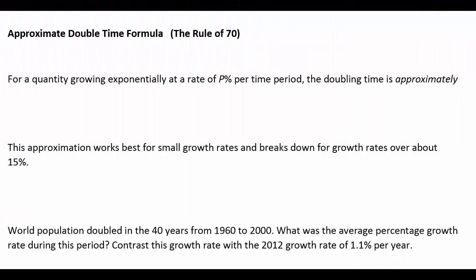Okay, so we're going to talk about this double time idea, and we affectionately call this the rule of 70. For approximately growing exponential rates at some percent p, the doubling time, the time it takes to double something, is given by 70 divided by p, which is why we call it the rule of 70.